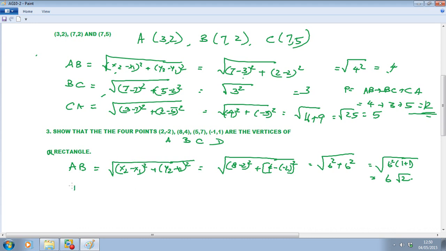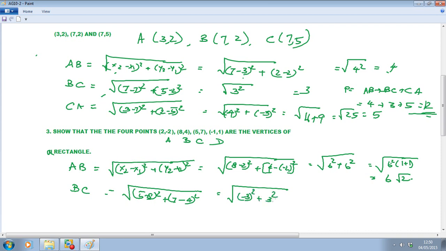So we'll now see what BC is. BC is equal to the root of, same formula, (5 minus 8) whole square plus (7 minus 4) whole square. When you square, with this plus or minus, the product becomes positive. It is the root of (minus 3) whole square plus 3 square.